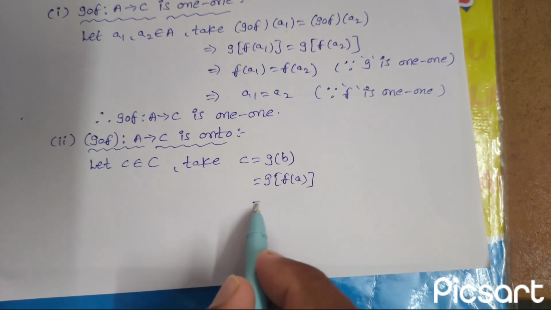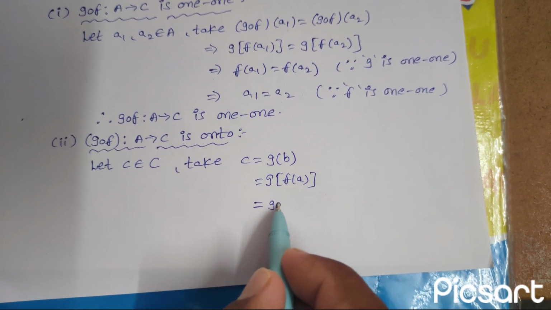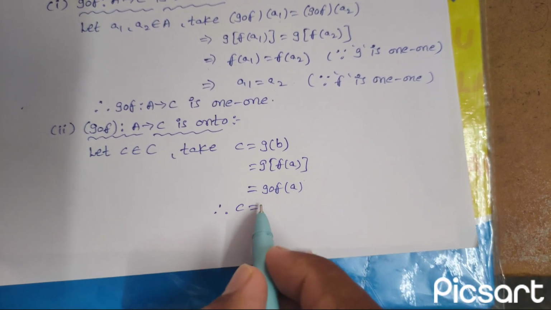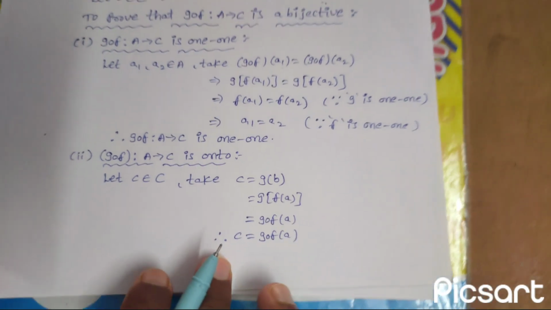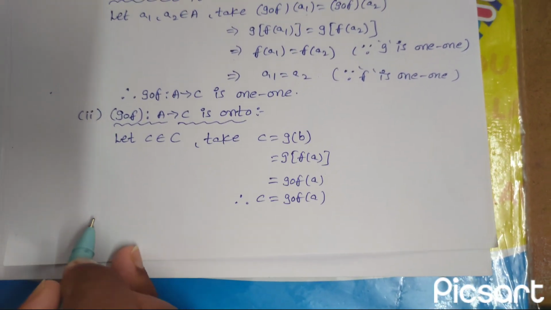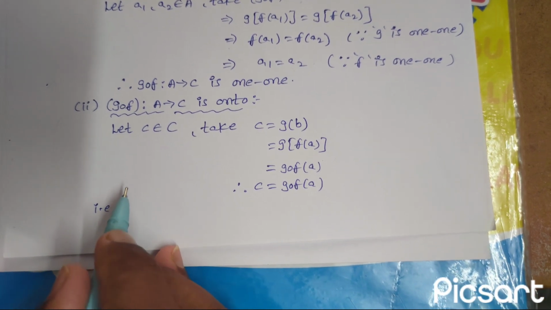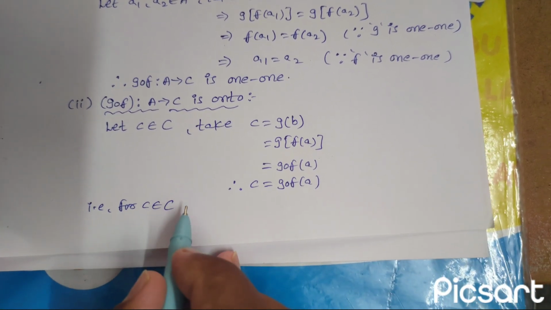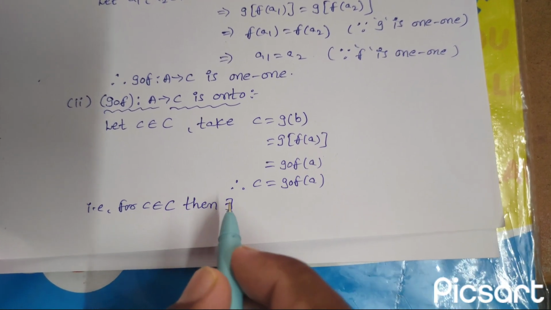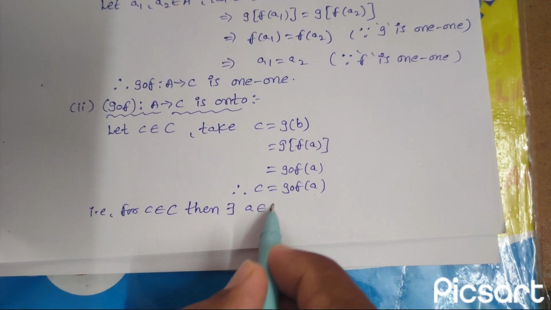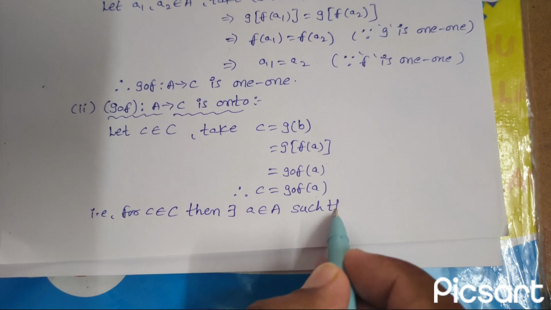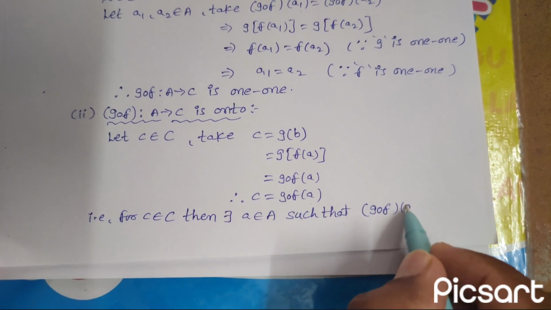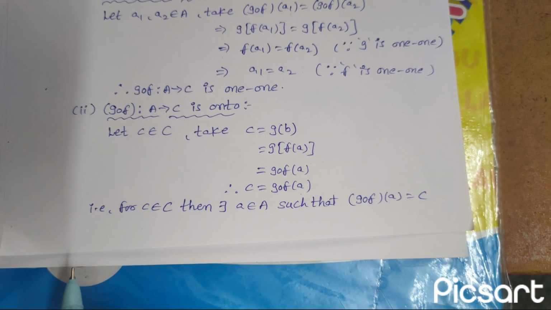So g of f of a can be written as g circle f of a. Therefore c is equal to g circle f of a. According to the onto definition, for small c belongs to capital C, there exists small a belongs to capital A such that g circle f of a is equal to c.